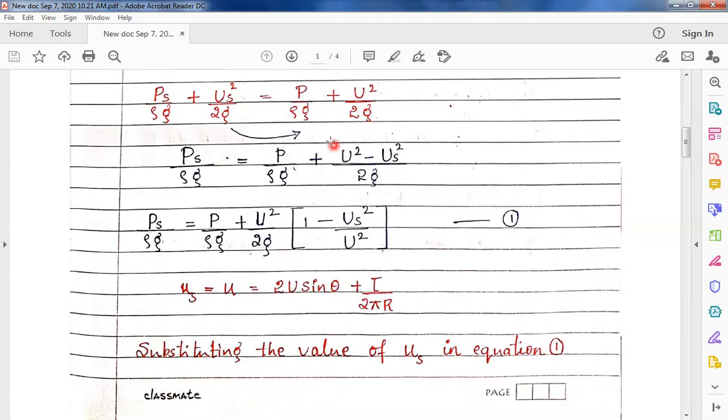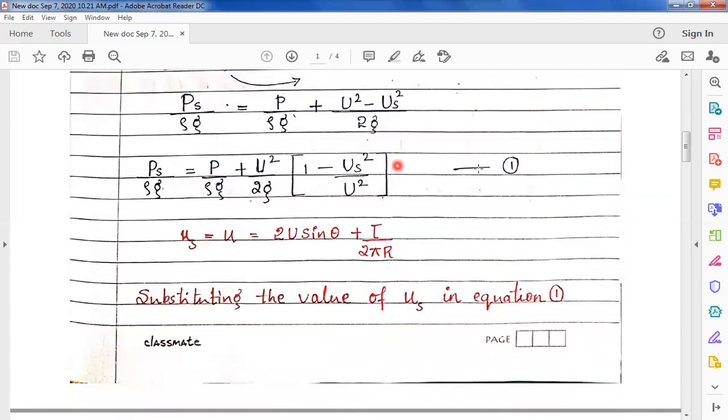So what will it become? If you take u square by 2g outside, this will become 1 minus us square, and since you don't have u square in the denominator, that u square will come here. Clear? Consider this as equation number 1.